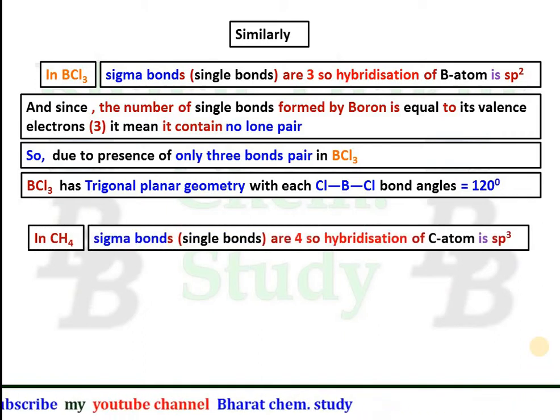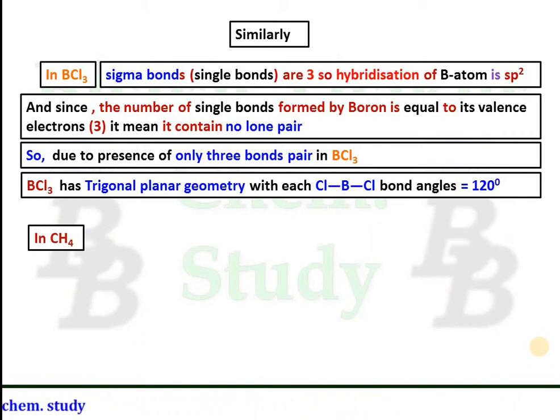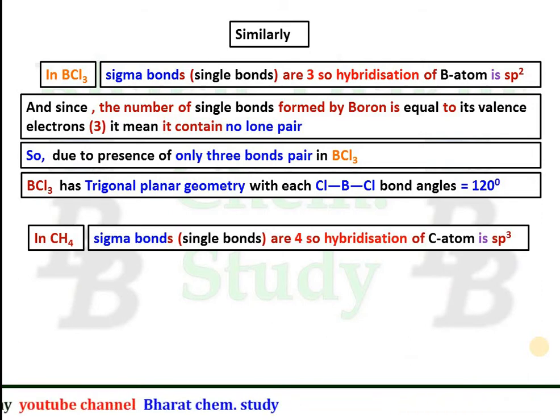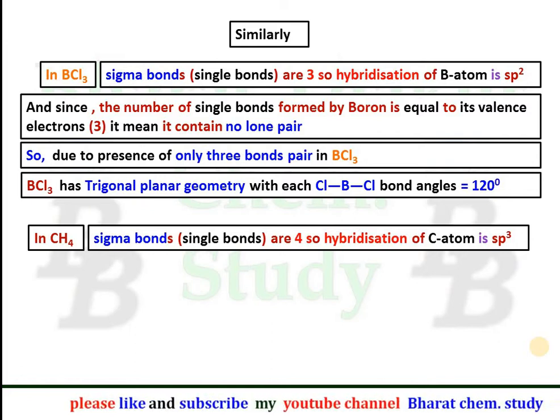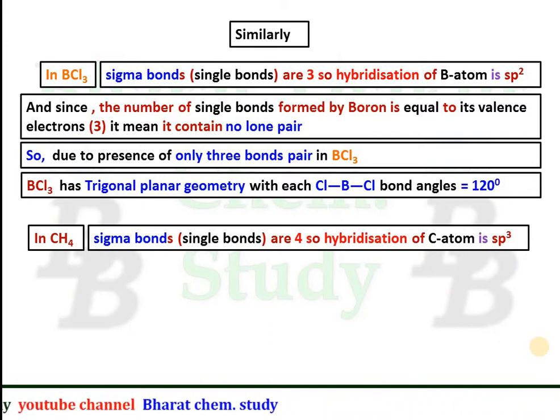In the case of methane, it is clear from the formula that the carbon is forming 4 bonds with hydrogen atoms. Therefore in methane there are 4 sigma bonds and hence 4 hybrid orbitals.